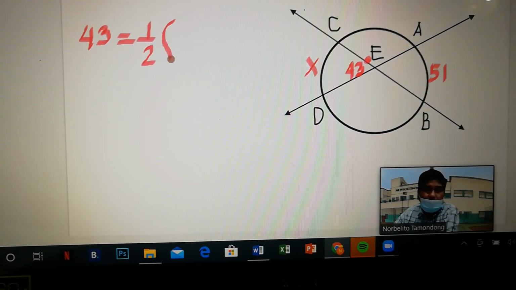So your intercepted arc represents arc CD, or simply x, plus the measure of the intercepted arc of the vertical angle, which is equal to 51.